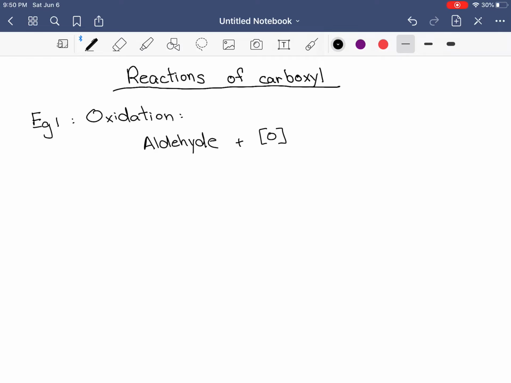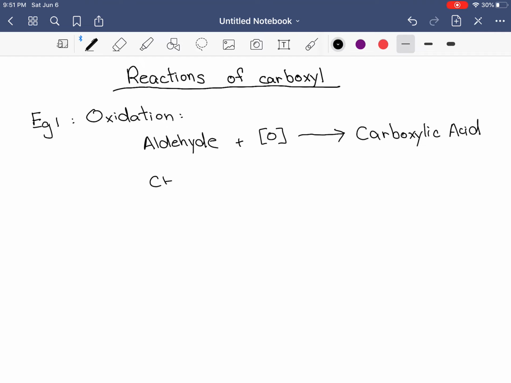Remember, whenever you have a square bracket O, or sometimes even round bracket O, what you're going to get here is a carboxylic acid. Now, for this reaction, let's take a look at some examples.